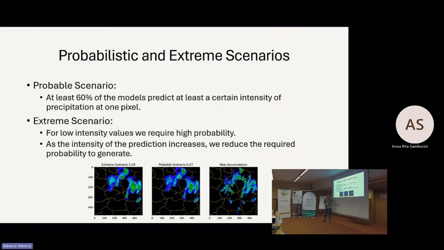In the probable scenario, we activate an intensity on the image if at least that intensity appears on at least 60% of the images.